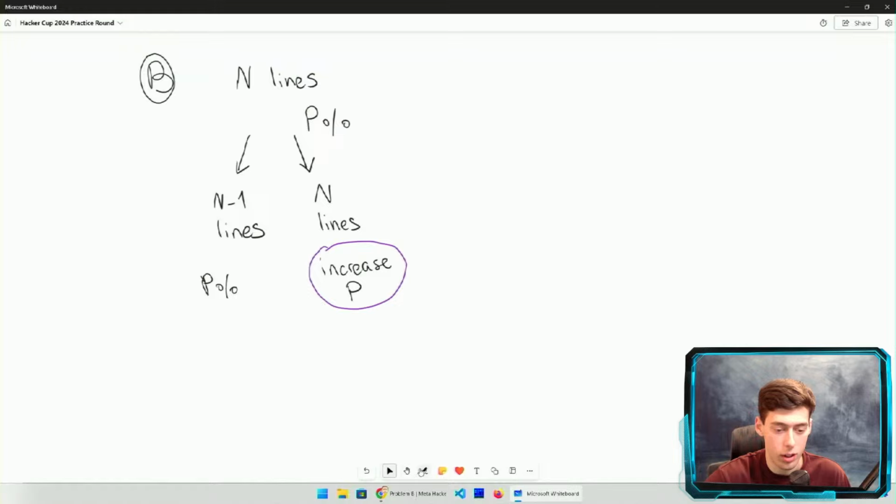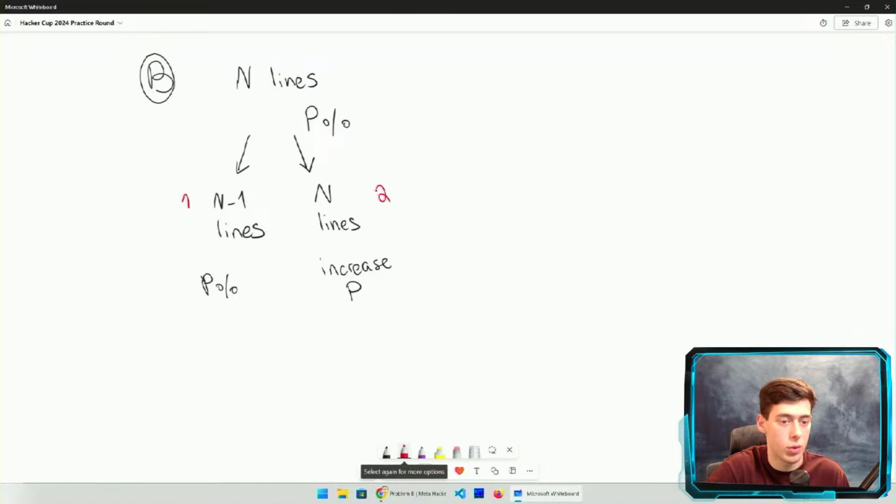And so what do we do here? This is option 1. This is option 2. And so for option 1, the probability that you get all the lines correct is just, let's work in just numbers from 0 to 1 instead of percentages, so that we can multiply them without having to worry, because percentages just divide over 100.